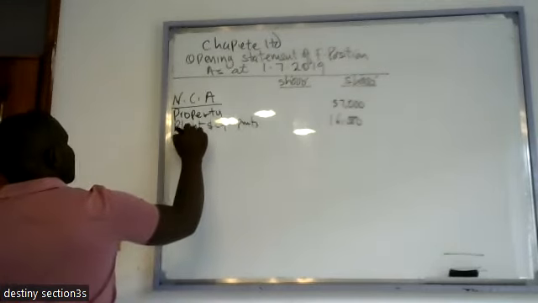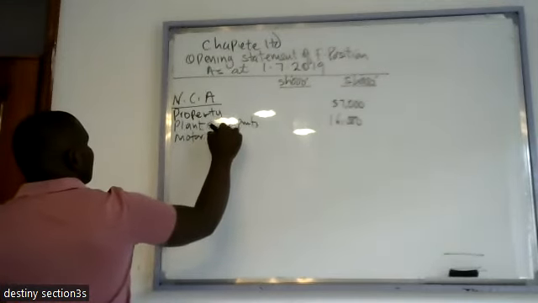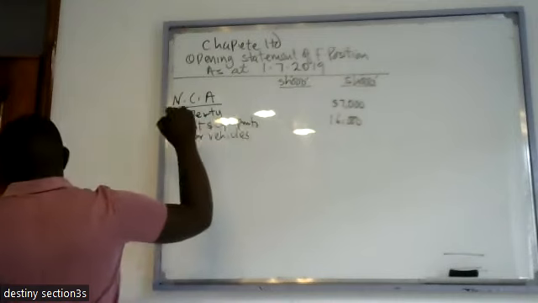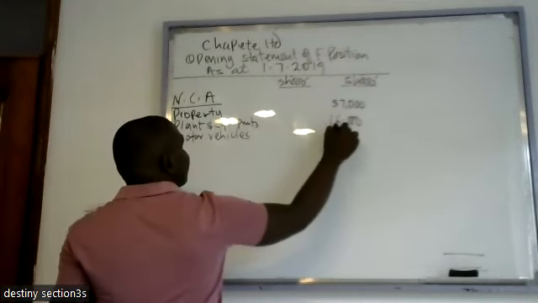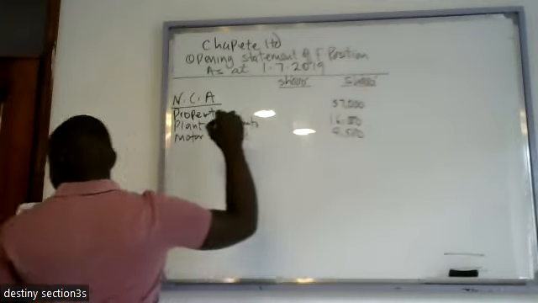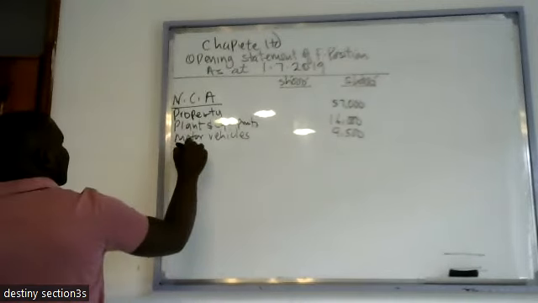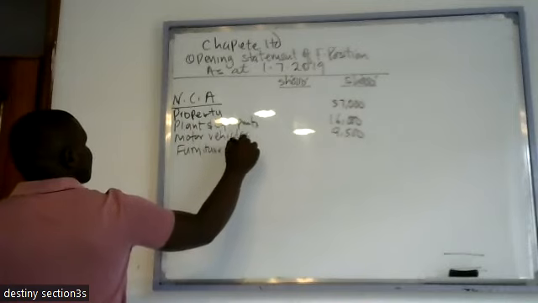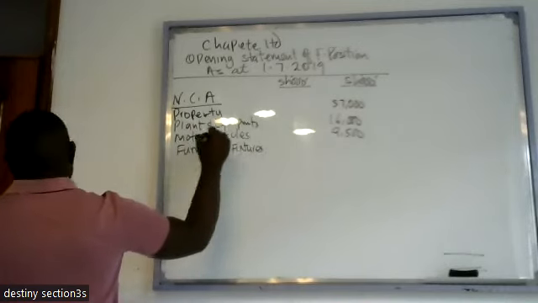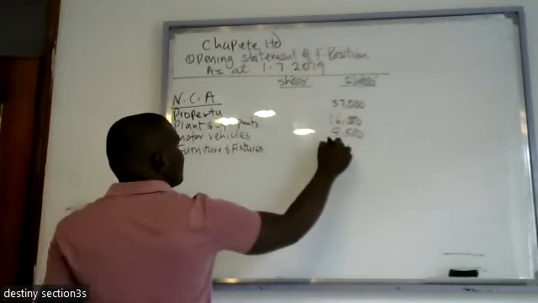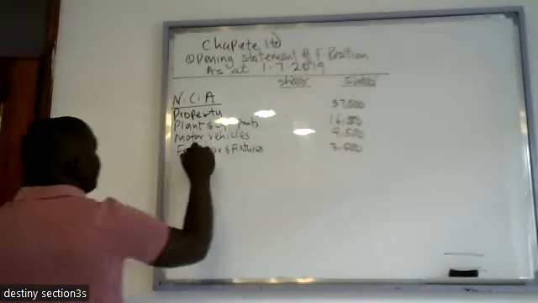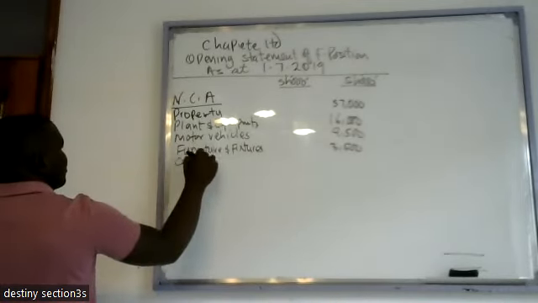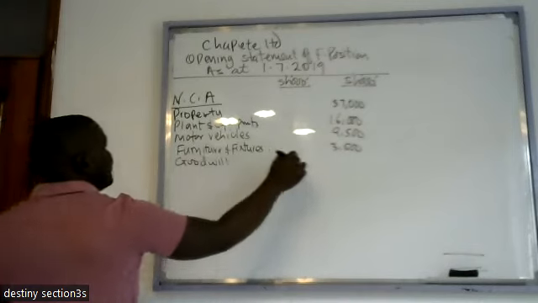Motor vehicles, 95. F&F, furniture and fixtures, 35. Goodwill, 50,080.